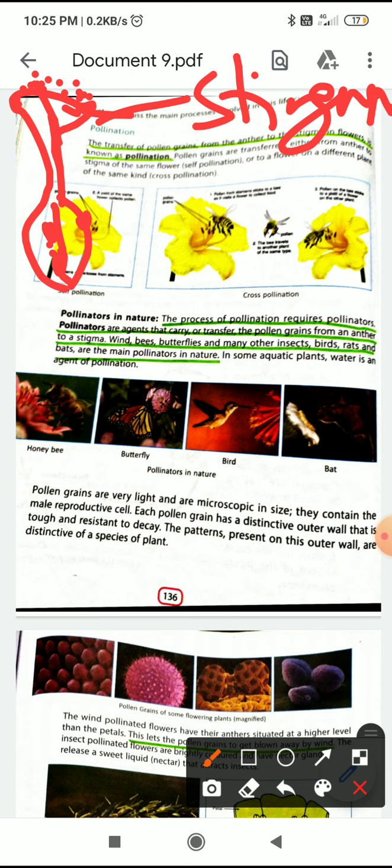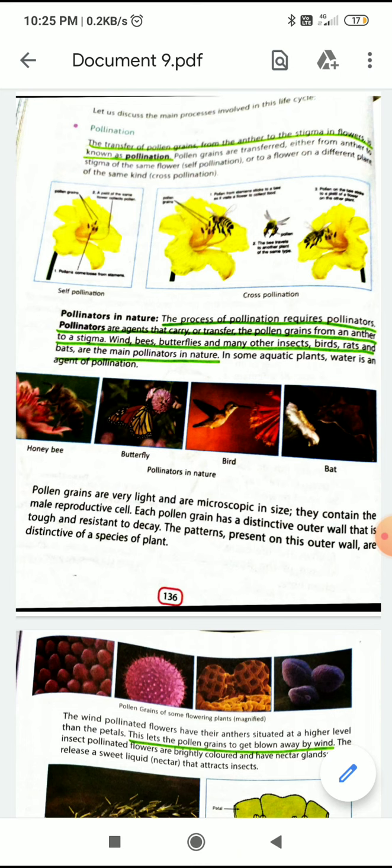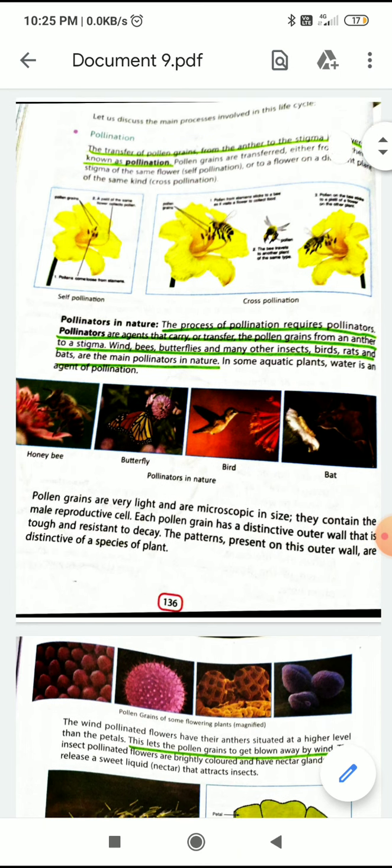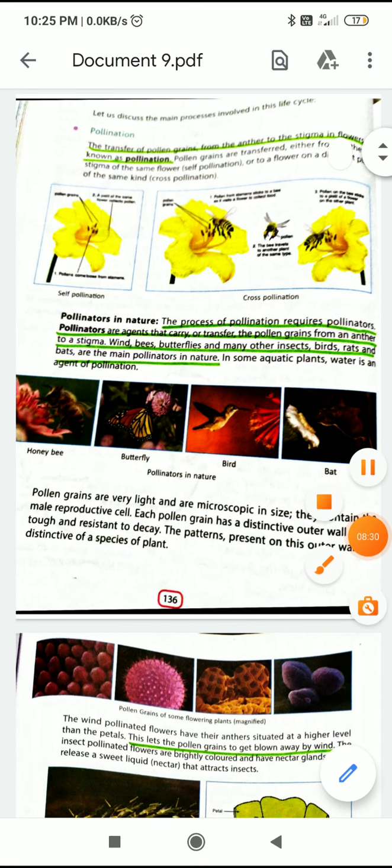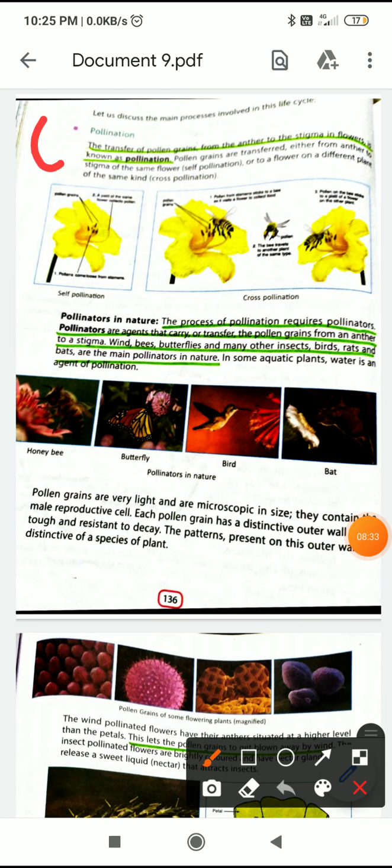It forms a pollen tube, and the pollen, which is mostly a round structure, contains the male reproductive cell.